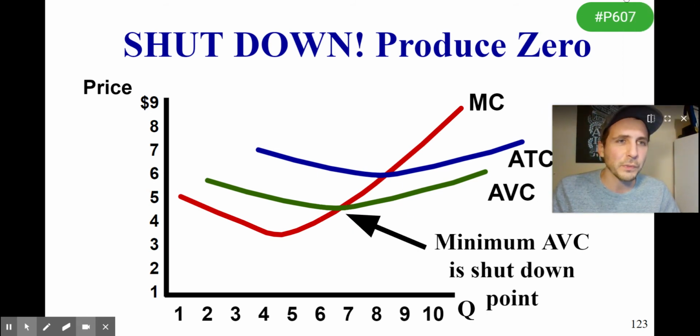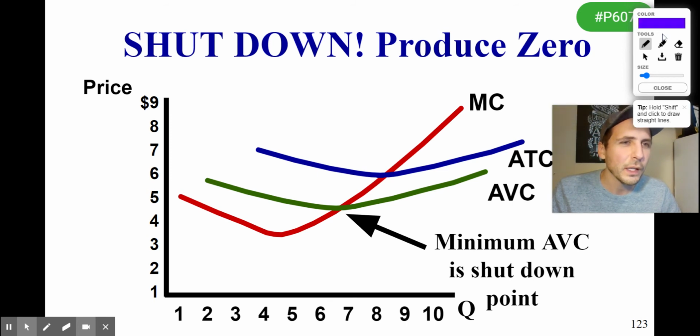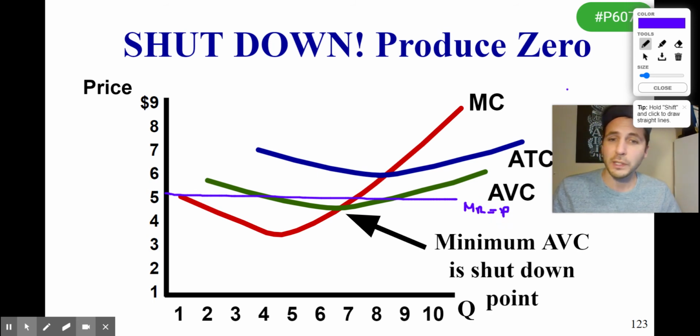So if I have something like this, drawn in blue, as my MR, I'll just put MR equals P for short, well, I'm going to stay open because remember, as long as I'm above the minimum point, my losses are going to be smaller than my fixed costs at MR equals MC.